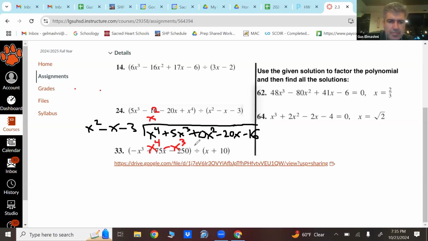When you subtract, those go away. 6x cubed. You usually want to do that to protect it.